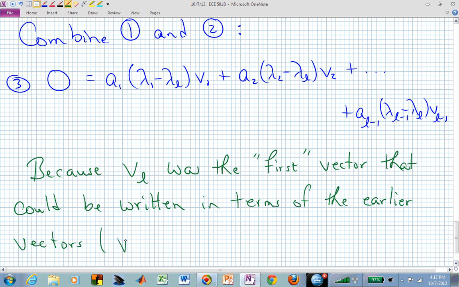Those earlier vectors are v1, v2, up to v sub L minus 1.